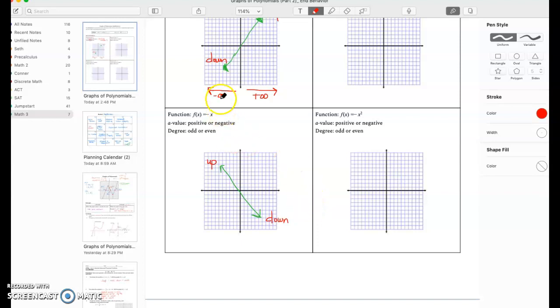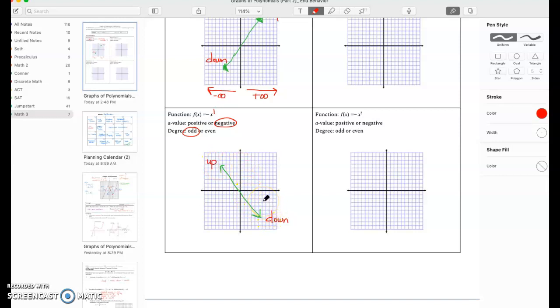So let's go back up here and think about our a value. Now it's not a positive number, we have a -1. So we've changed that leading coefficient to a negative number. But we still have an odd degree because this would still be x to the first power. So if we have a polynomial that has a negative leading coefficient with an odd degree, the graph is going to be going up on the left and down on the right.